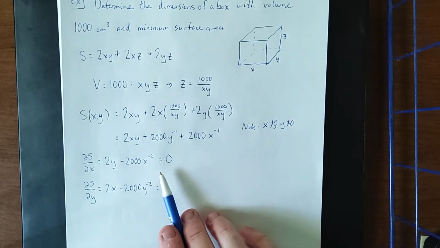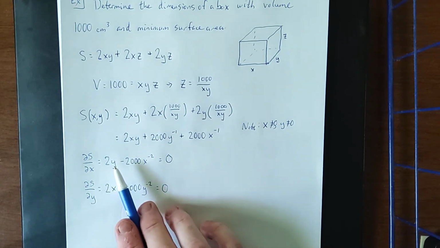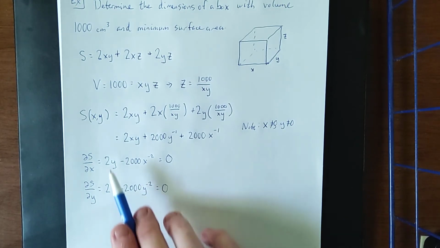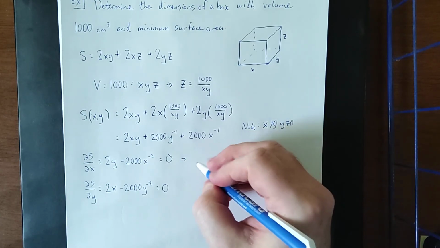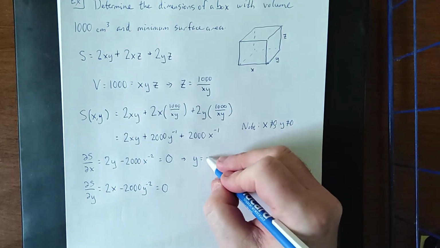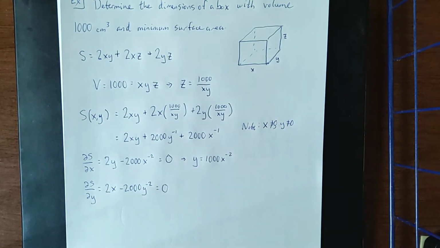Next up, let's go ahead and solve this using a substitution. I would recommend either solving the first equation for y or the second equation for x. Now if we solve that first equation for y, we can do so by adding 2,000 x to the negative 2 to both sides. We'll call this y is equal to, and then dividing by 2. So 1,000 x to the negative 2 power.